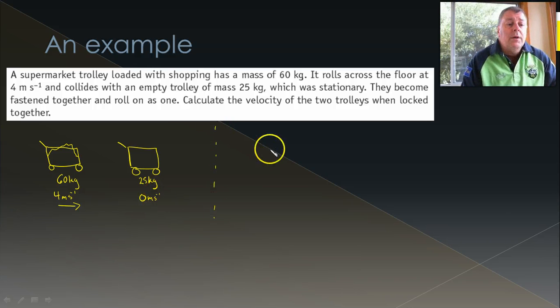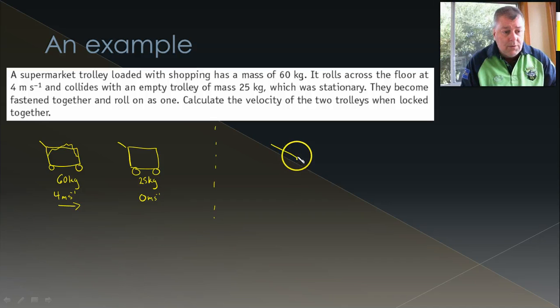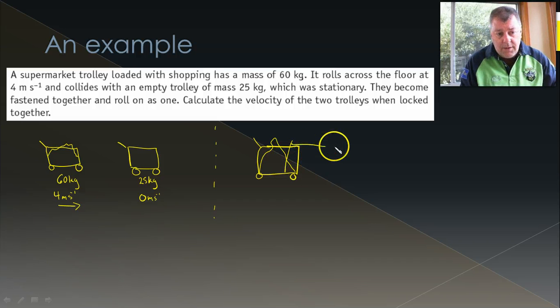There's our before, afterwards. Whoops, what the hell's that? Let's just get rid of that line. I got carried away there. There's a trolley full of stuff. Okay, and it's locked together with the other trolley.